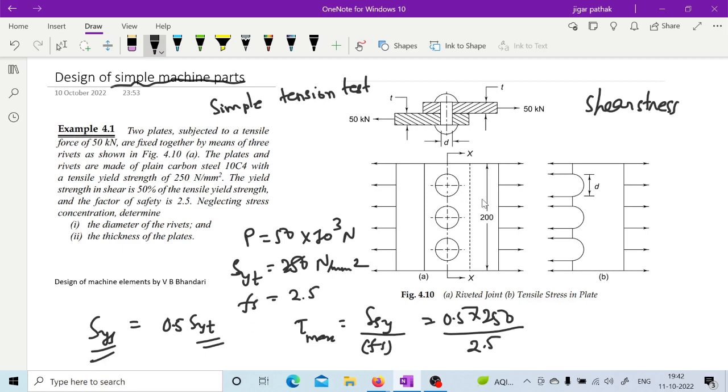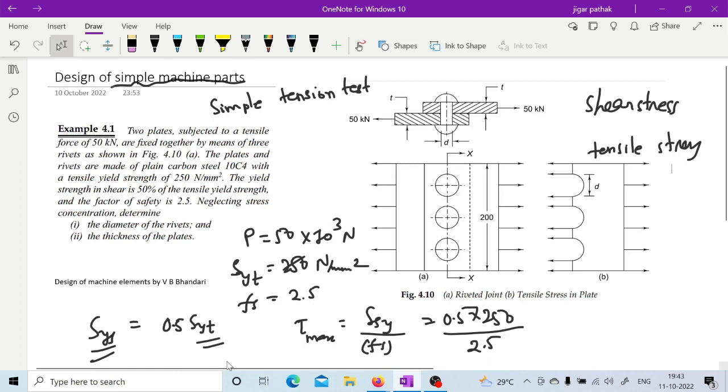But for the failure of the plate, you will consider tensile stress, because this plate is experiencing this tensile stress while this rivet is experiencing this shear stress. So you will consider two different things for two different components, right? So for the diameter of rivets you will consider the shear yield strength, and for the thickness of plate you will consider this tensile yield strength.